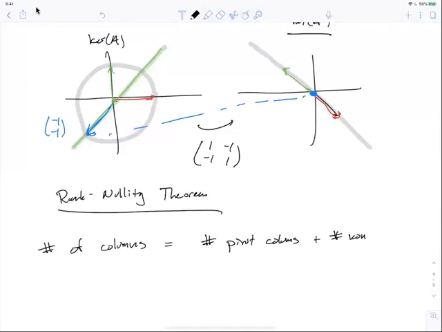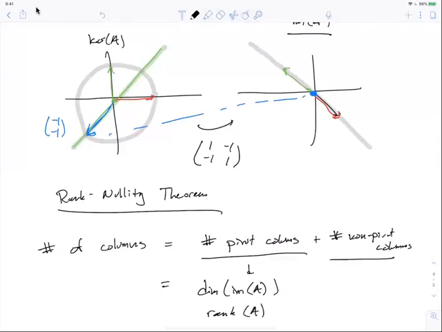Okay, that sounds obvious, but really where this shines is the number of pivot columns is just equal to the dimension of the image of A, and this is also called the rank of A. And the number of non-pivot positions is the same thing as the dimension of the kernel of A.